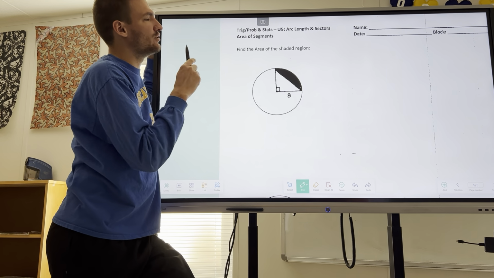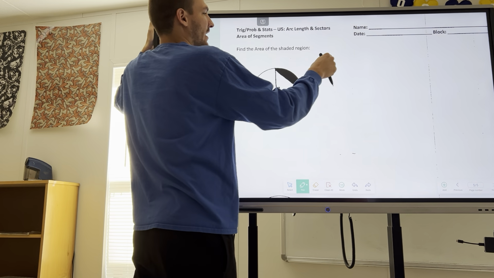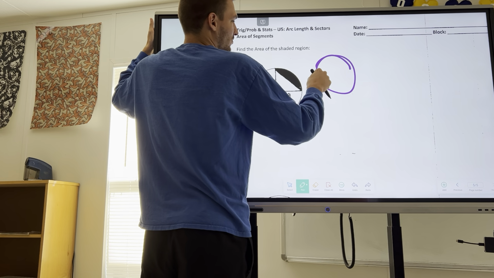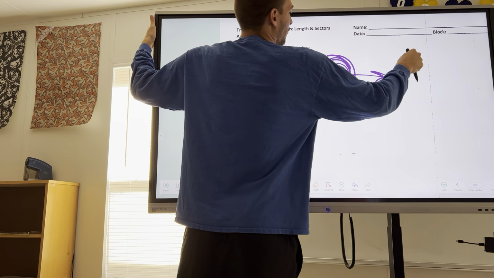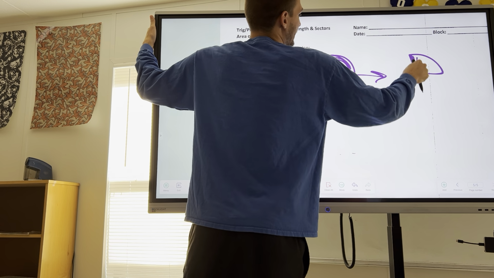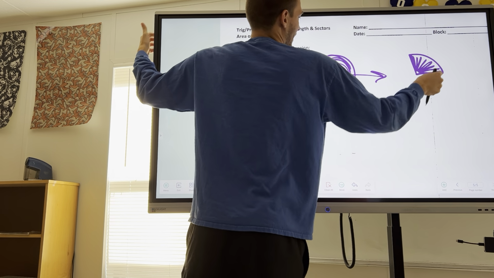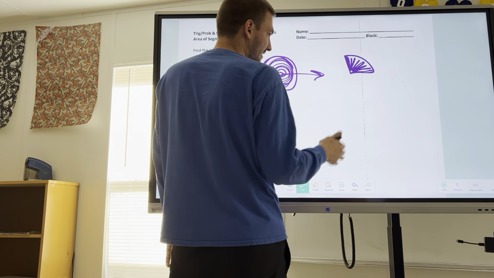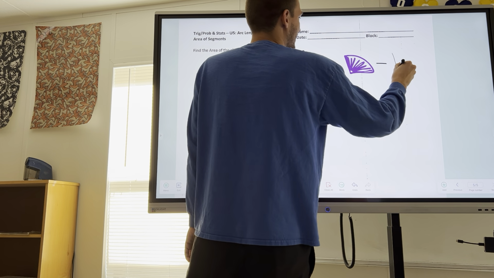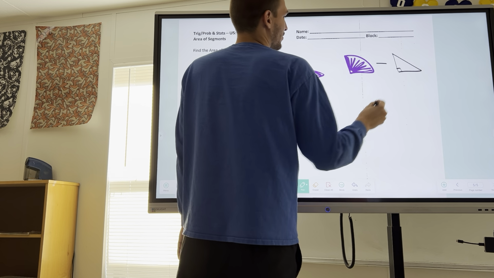So the way we're gonna do this is we're gonna start with the circle, and then we're gonna try to figure out what is just the pizza slice. And then our goal is gonna be take that pizza slice and subtract the triangle.